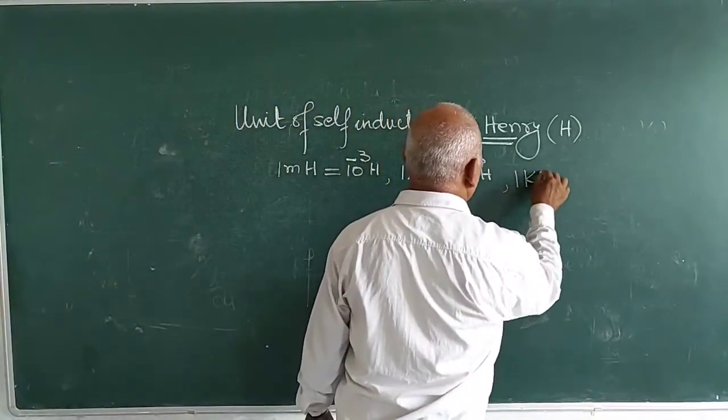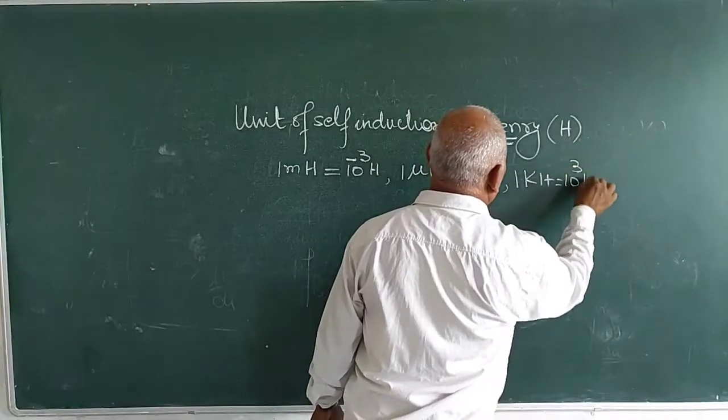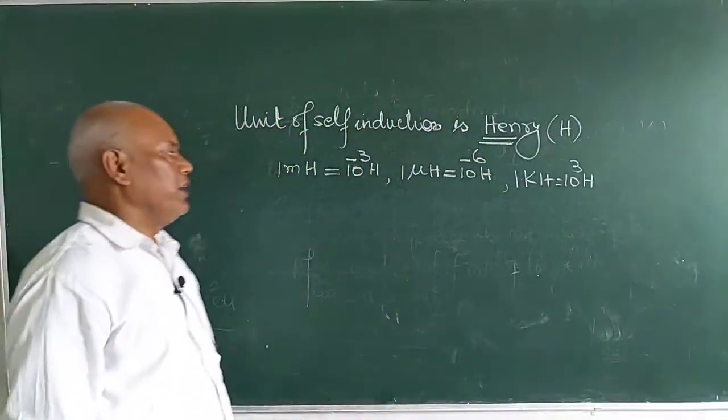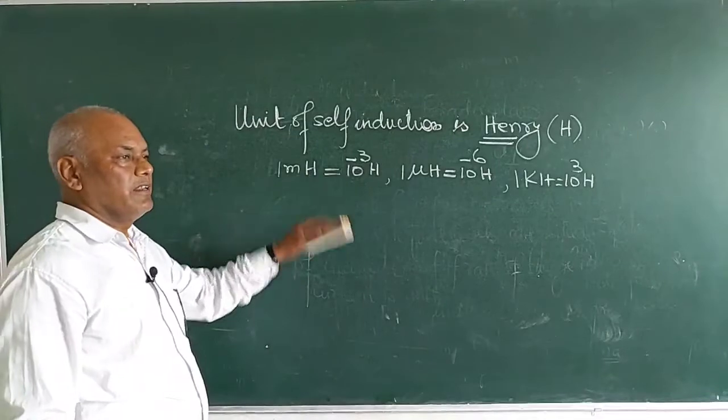Similarly, 1 kilohenry becomes 10 power 3 Henry. In this way, we have smaller and greater units of Henry.